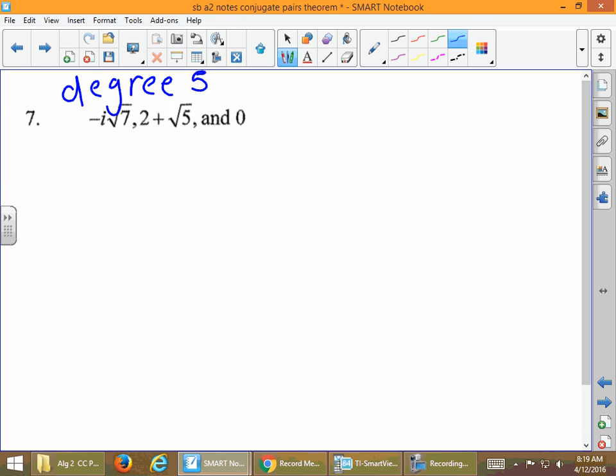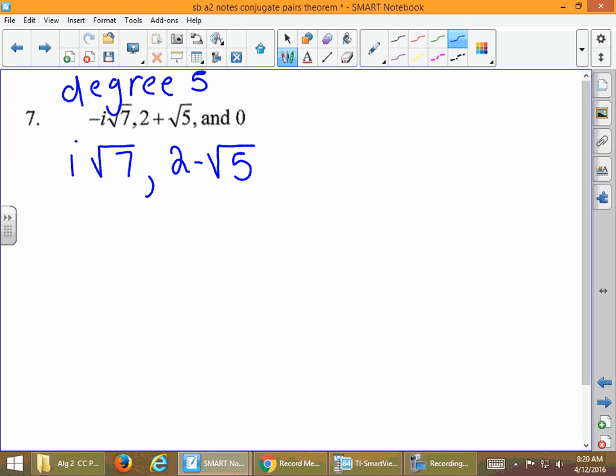So when we look at this, we have negative i radical 7. So what do we also have? Positive i radical 7. There's the conjugate of negative i radical 7. We have 2 plus the square root of 5. So what do we also have? 2 minus the square root of 5.